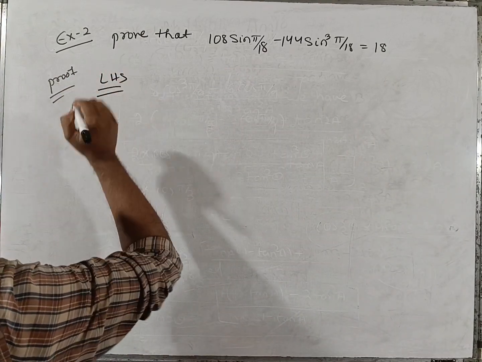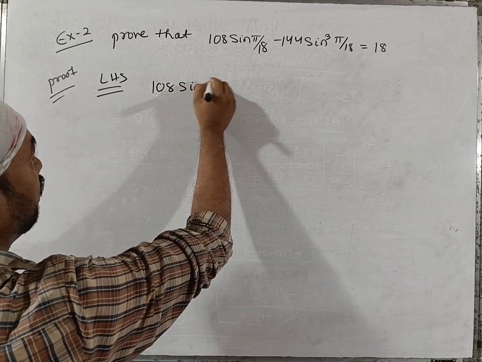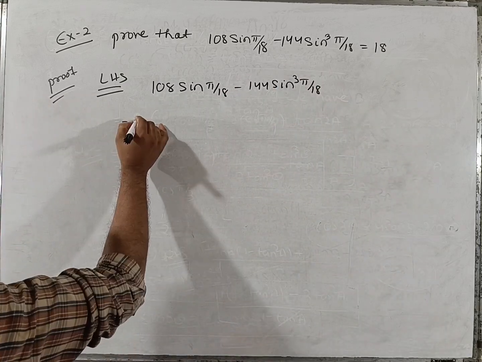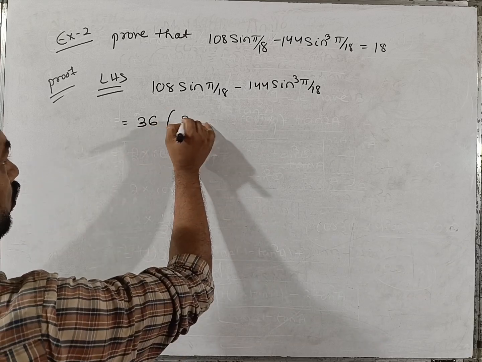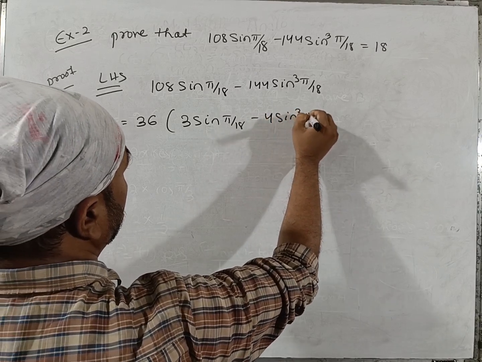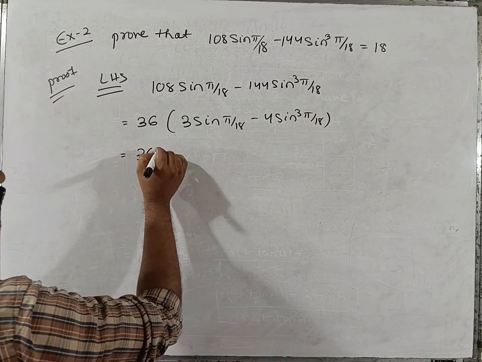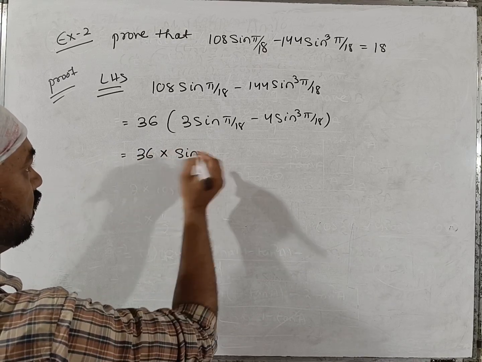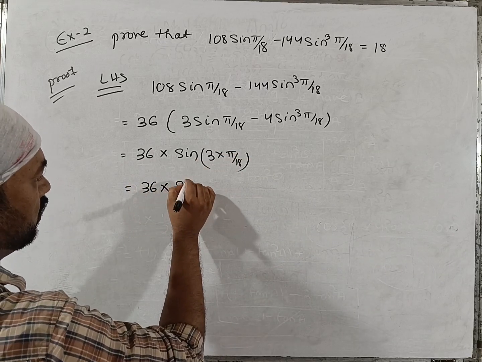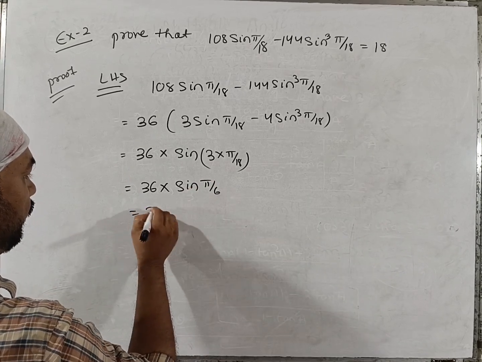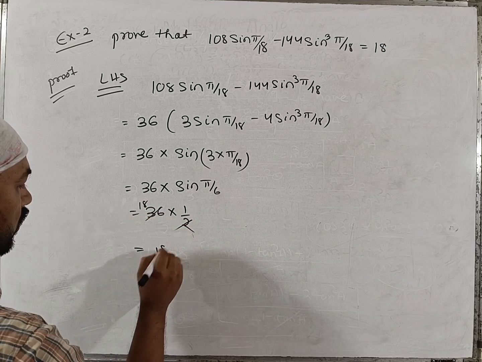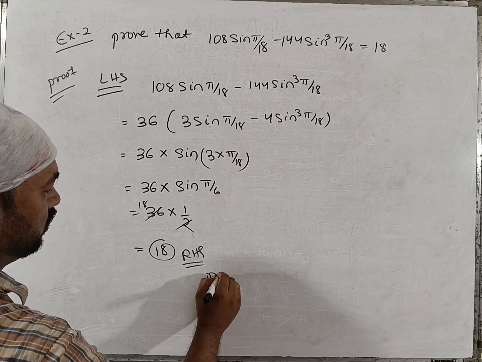So starting from the left hand side, taking 36 as common, we have 3 sin pi by 18 minus 4 sin cube pi by 18. 36 multiplied with sin 3 theta, so sin 3 multiplied with pi by 18. 36 multiplied with sin pi by 6, and sin pi by 6 is 1 by 2. So 36 multiplied with 1 by 2 gives the answer.